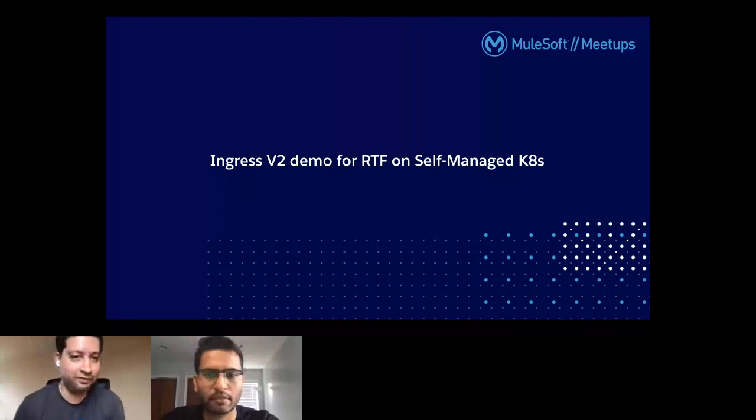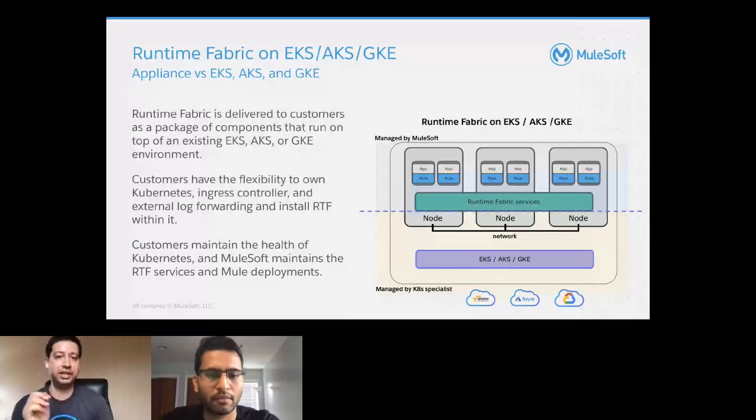Before we dive more into the detail of the topic, let's talk about Runtime Fabric and the different flavors or offerings we have from MuleSoft. Currently we have two offerings: one is appliance and the other is self-managed Kubernetes.